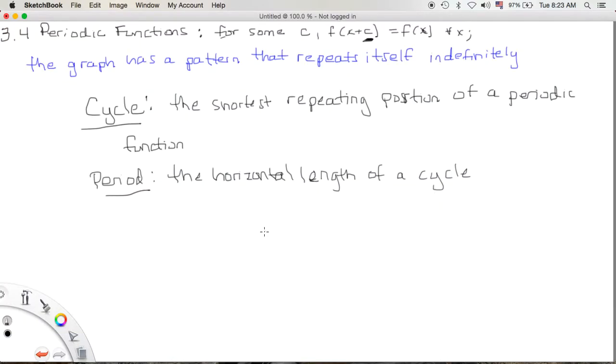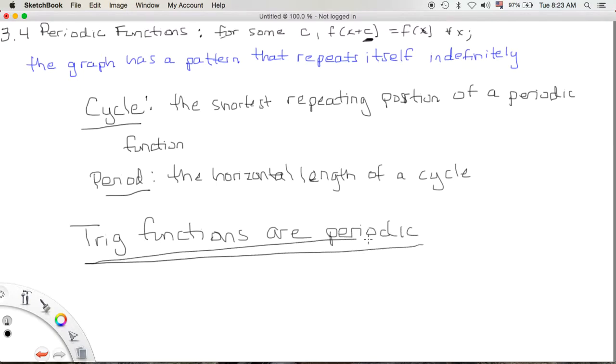All right, now why do we need to know this when we're talking about trig functions? Well, because trig functions are periodic. Now, we've already talked about that trig functions use right triangles to find information about angles.